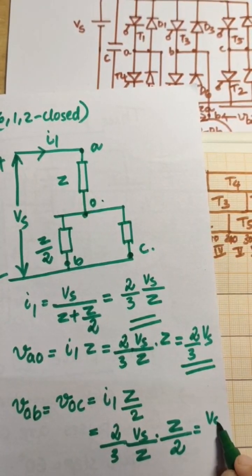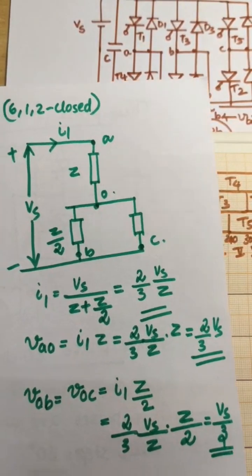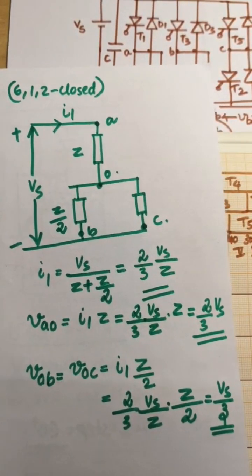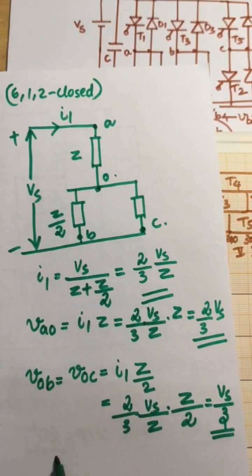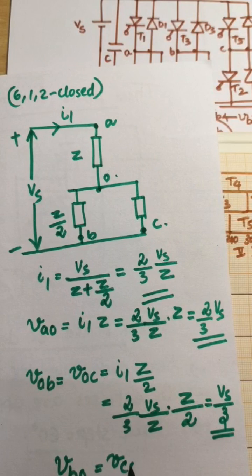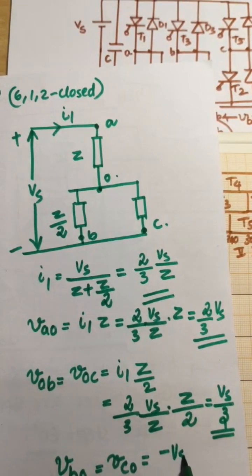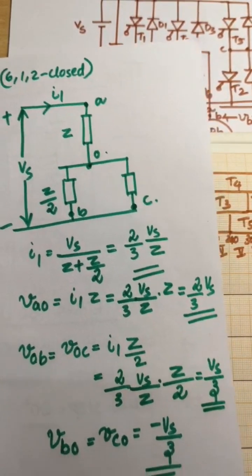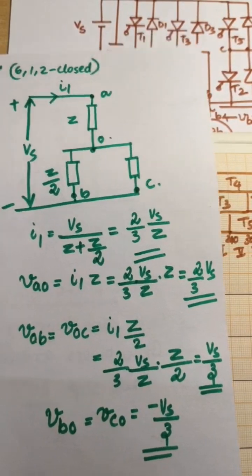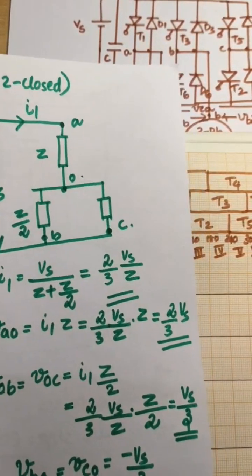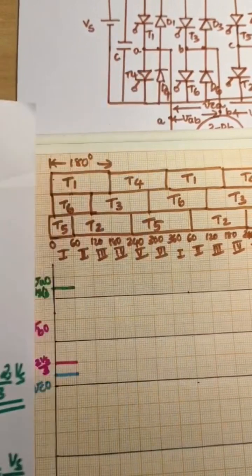Finally, we obtain it as Vs by 3. So VBO is equal to VCO is equal to minus Vs by 3. We obtained all line to neutral voltages. We can mark it in the graph.